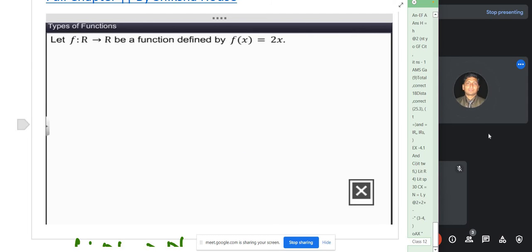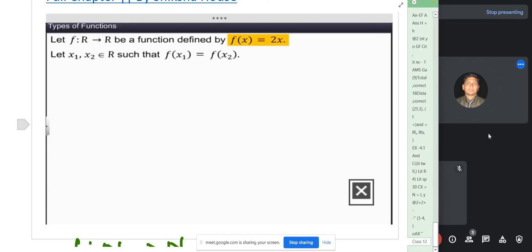Moving forward, let's now show that the function f from R to R, defined by f of x is equal to 2x, is a 1-1 function. Let x1 and x2 be any two arbitrary elements from domain R of function f, such that f of x1 is equal to f of x2.